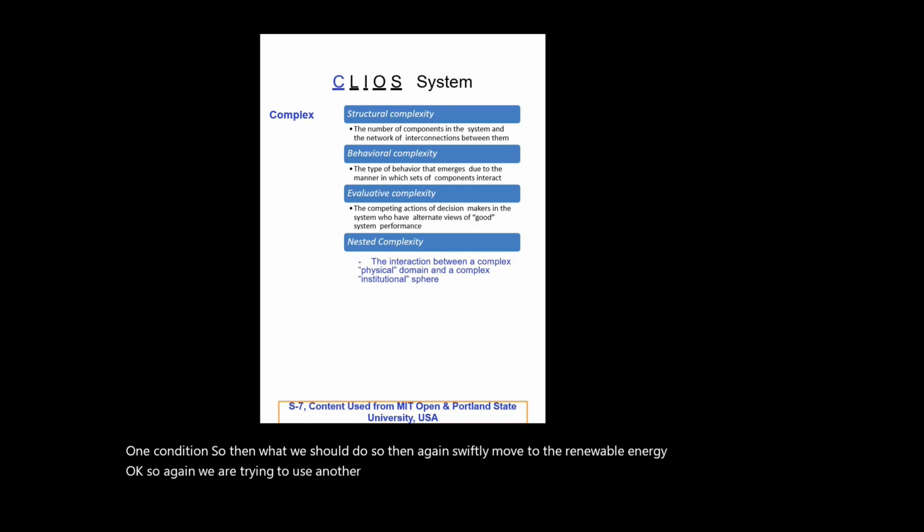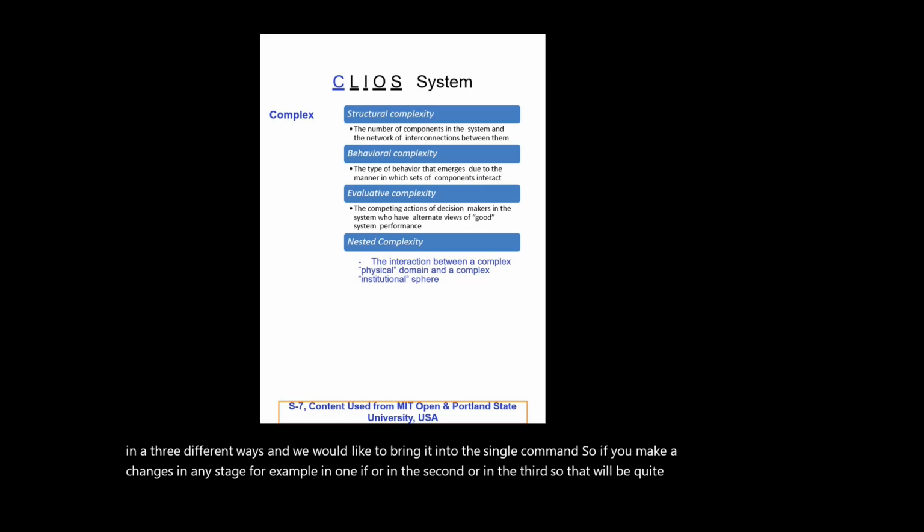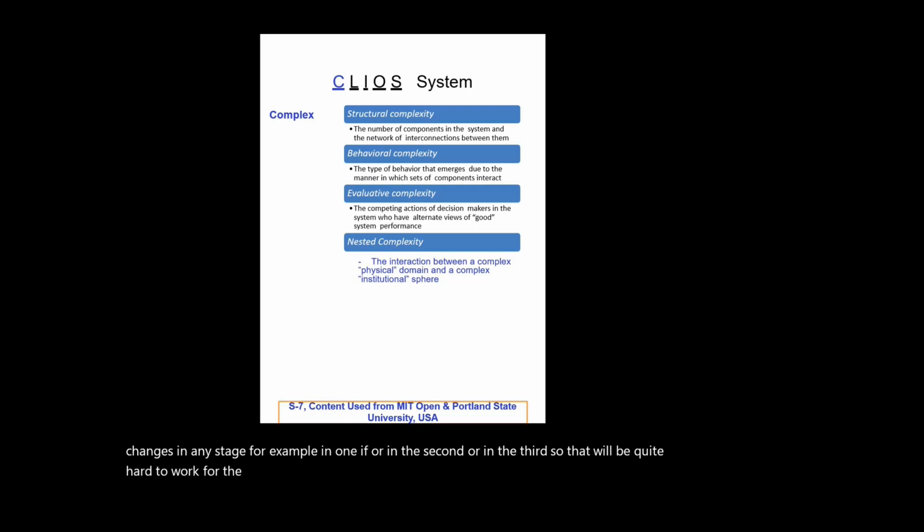Again, if the solar backup is also over, then the third option is, for example, a generator or something else. This means we have a statement composed in three different ways, and we would like to bring it into a single command. If you make a change in any stage, for example in the first if, the second or the third, it will be quite hard for the system to work the way it should. Madam, is it clear?